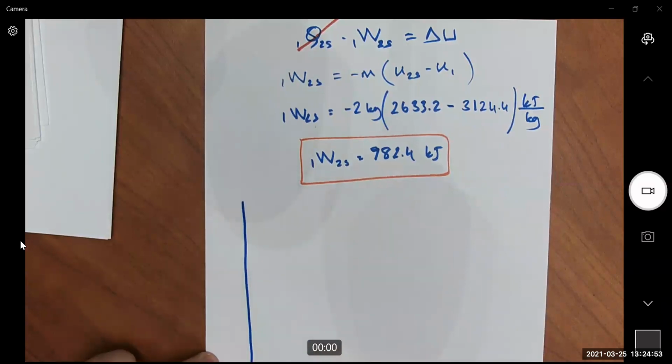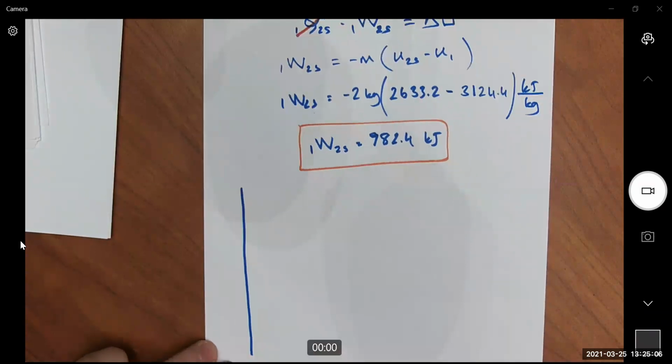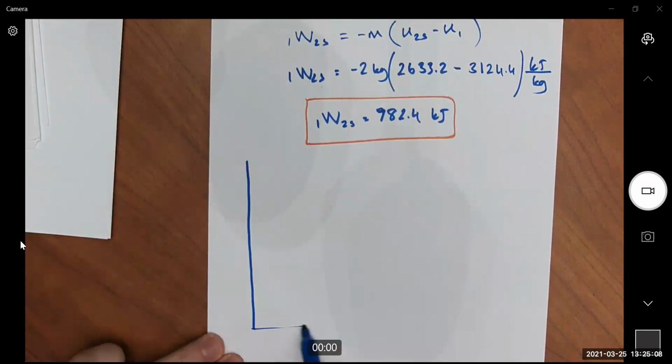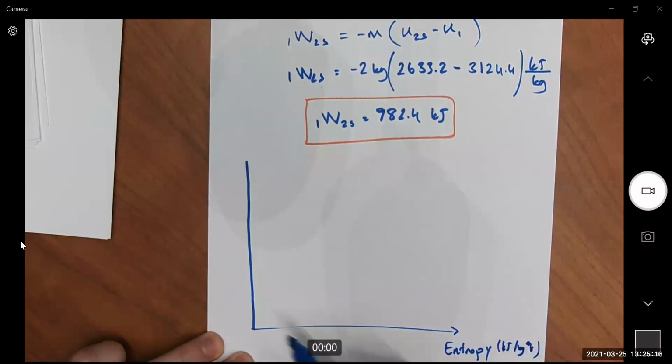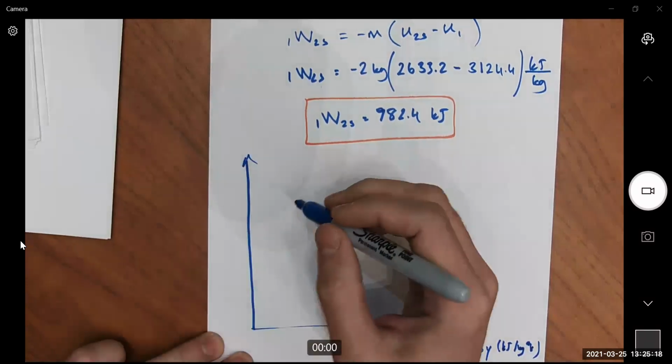Okay, let's everyone try by yourself. I will give you a minute or two to sketch a T-S diagram. Let's see what you do, and then I will show you. Temperature versus entropy, kilojoules per kilogram Kelvin, and temperature.